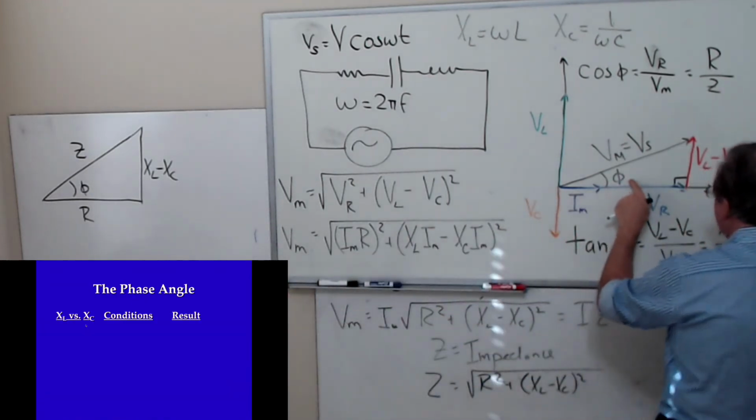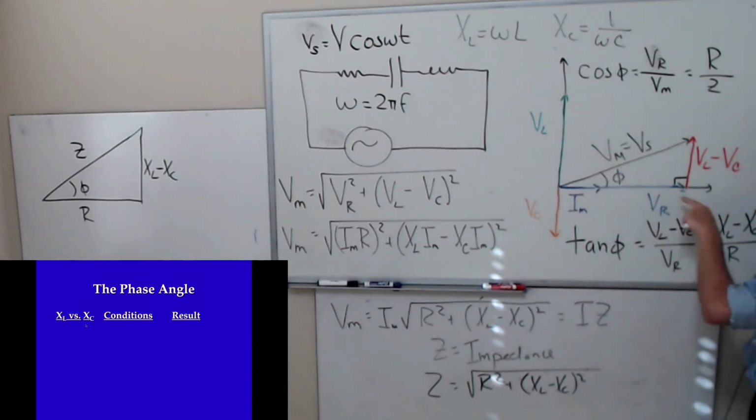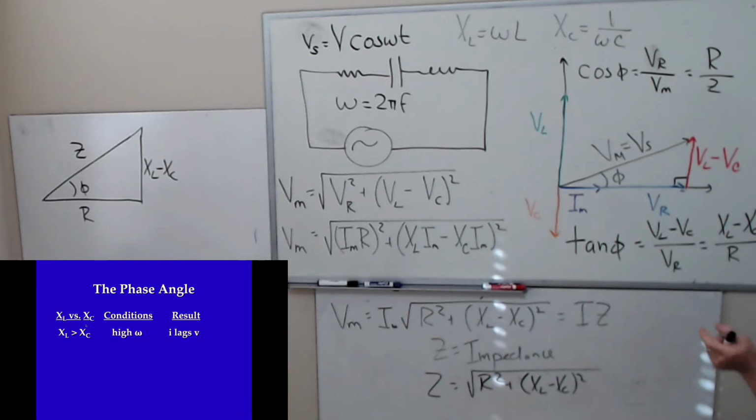Okay. If this phase angle is positive, which is what I drew in this picture, what that means is V sub L is bigger than V sub C. If this phase angle is negative, that means V sub C is bigger than V sub L, or X sub C is bigger than X sub L. So if X sub L is bigger than X sub C, then you have a high omega, high frequency for your power supply.